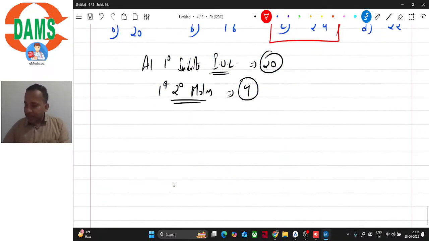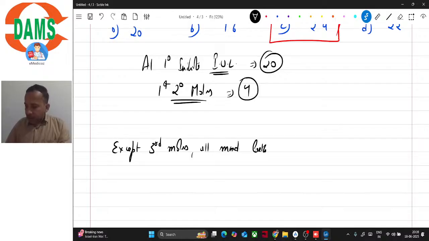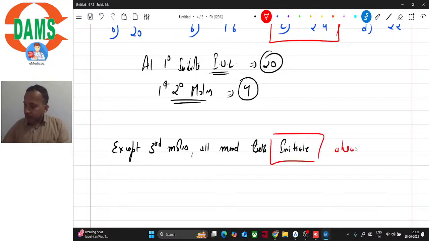So what we can say here is that except third molars, all mandibular teeth initiate ahead of maxillary teeth, right?